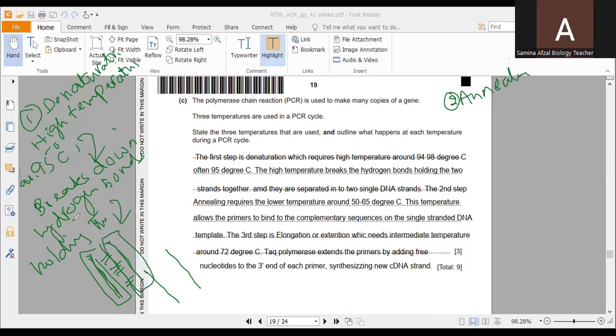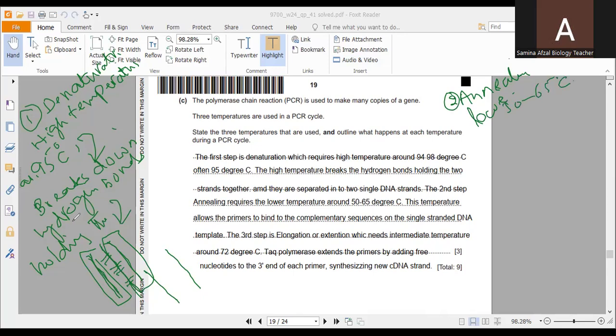These bonds break down due to the high temperature of denaturation, and the two strands separate from each other. Annealing takes place at low temperature, about 50 to 65 degrees centigrade.